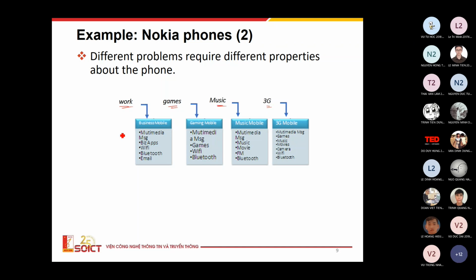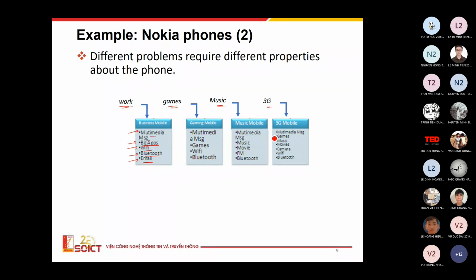For example, if in your problem we just use the mobile for business, you can describe it with this information. You see here, the most important for business is how you can email, and then you can use business applications, for example. And Wi-Fi and Bluetooth, for example, are also important.